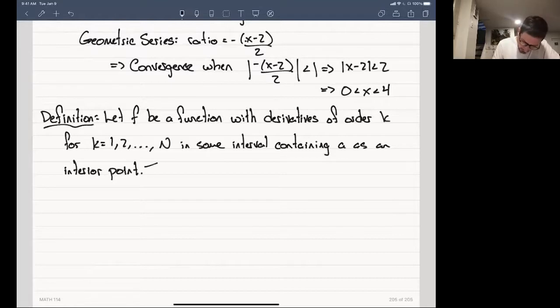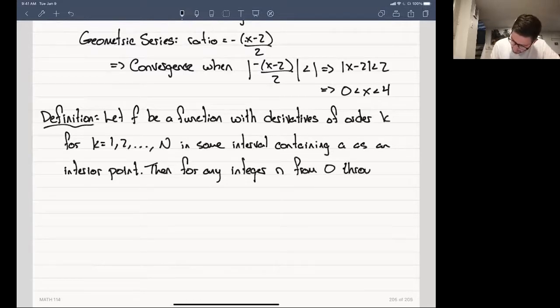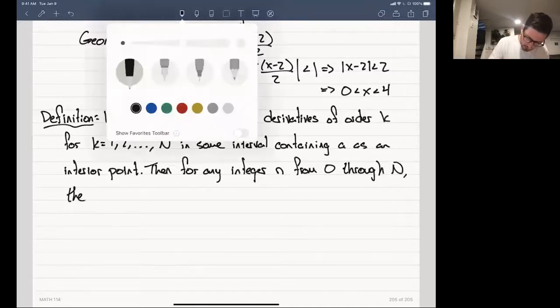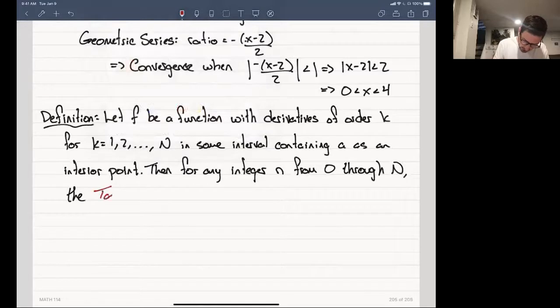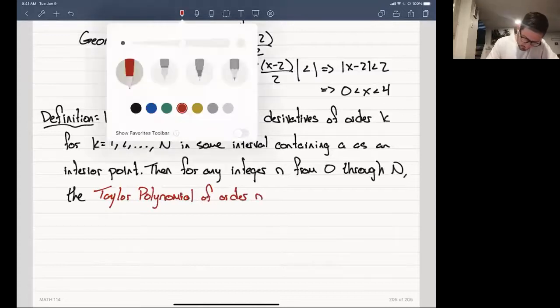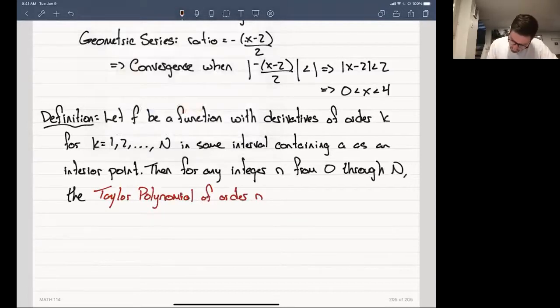Okay, then for any integer n from 0 through capital N, so up to the number of derivatives you can take of this function, and let's put this in red to emphasize it, the Taylor polynomial of order n, so little n, generated by f.